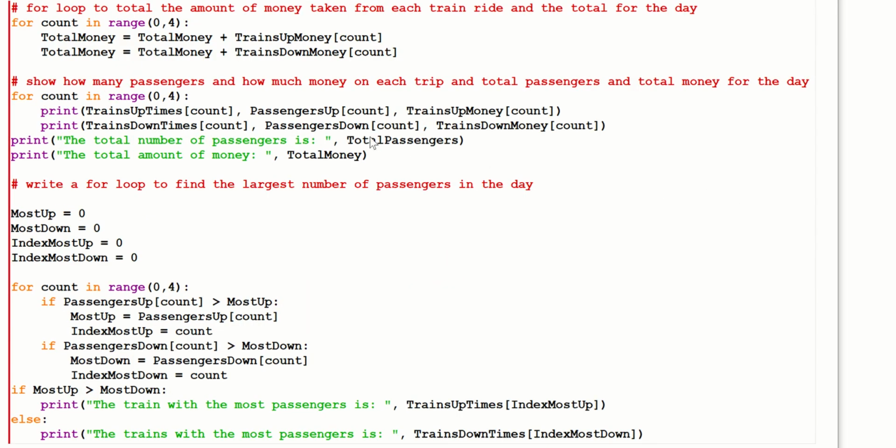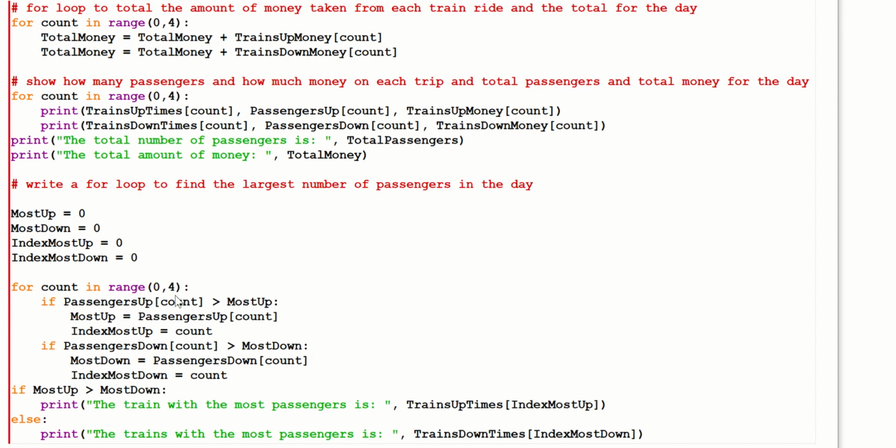So after it prints the total passengers and total money, most up, most down, index most up, index most down are all equal to 0. So for count in range 0 to 4 repeats 4 times. If passengers up count position is more than most up, which is 0, then most up will equal passengers up count, and count will equal index most up.